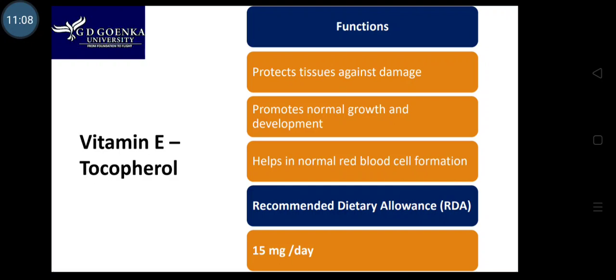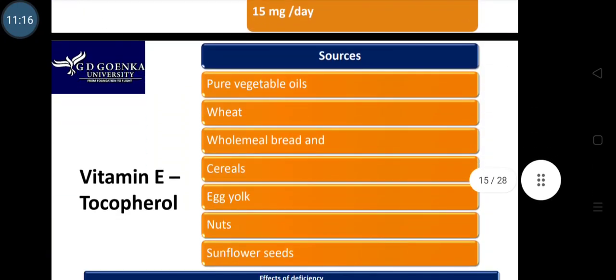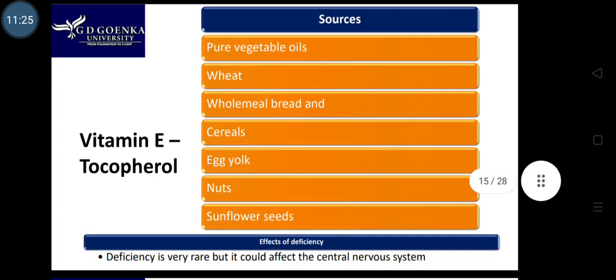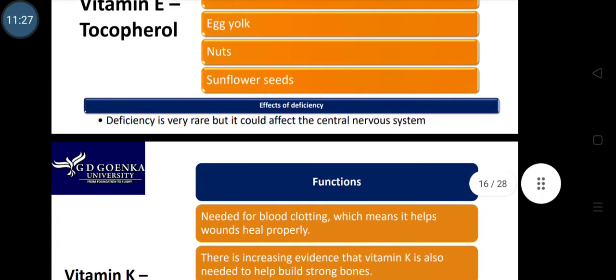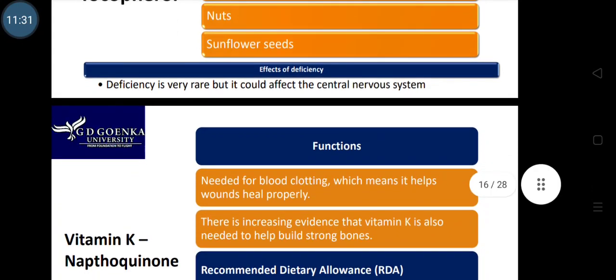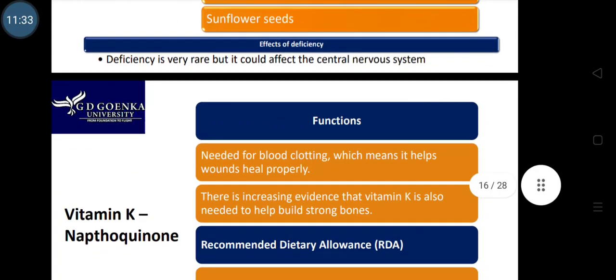The recommended dietary allowance is 15 mg per day. The sources are egg yolk, cereal, whole bread, vegetable oil, wheat, and sunflower. Deficiency is rare, but it could affect the central nervous system.